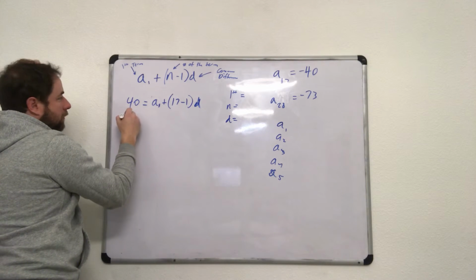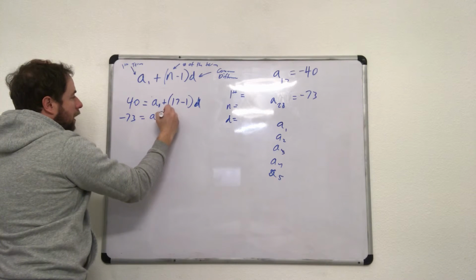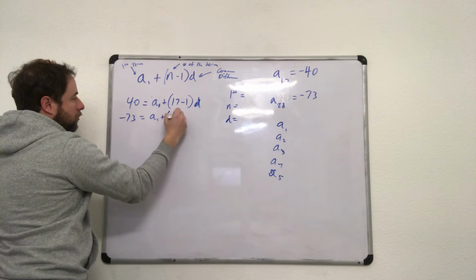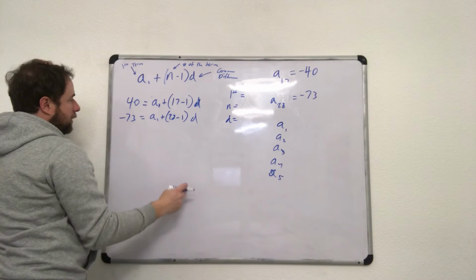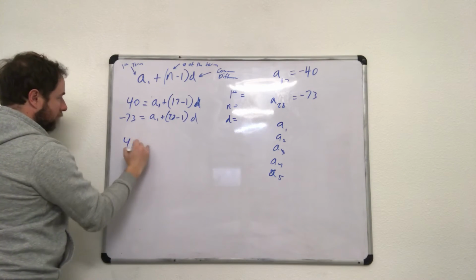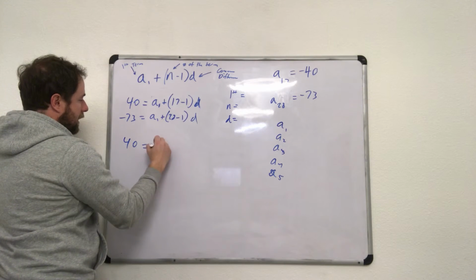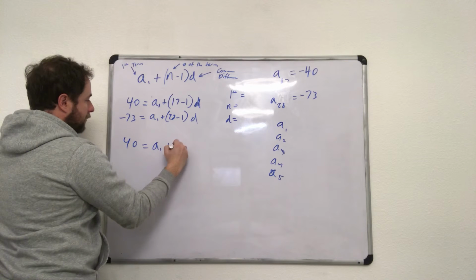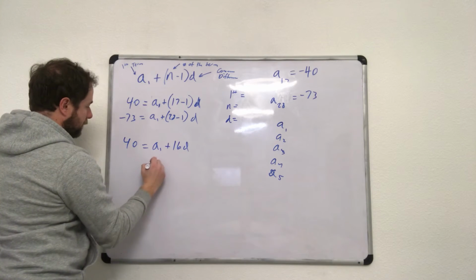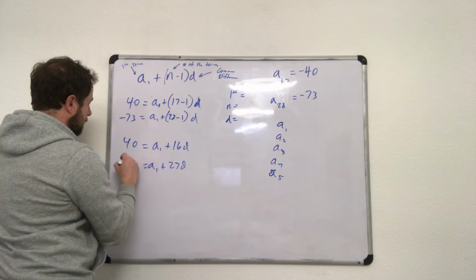The next one is negative 73. We don't know A1, we do know that this was number 28, and we don't know the common difference. So this will be negative 40 equals A1 plus 16D. This will be negative 73 equals A1 plus 27D.